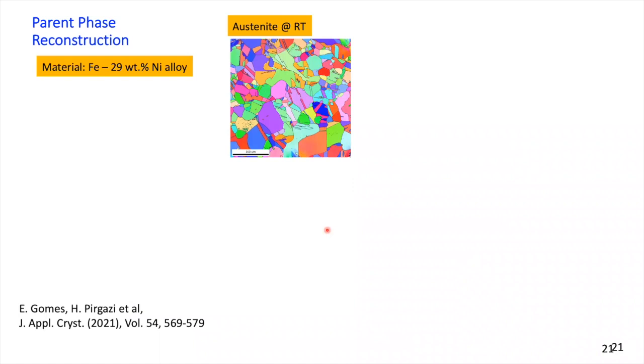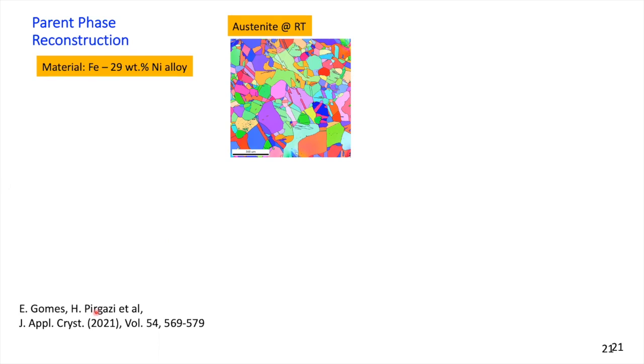Of course, the other peculiar feature is that, because there is a kind of genetic orientation relation between parent and product orientation, it also allows you to make an image reconstruction of the parent structure. So that was the work of Edgar Gomez and Hadi Pirghadi, who published it last year. And here you see, we developed a reconstruction model.